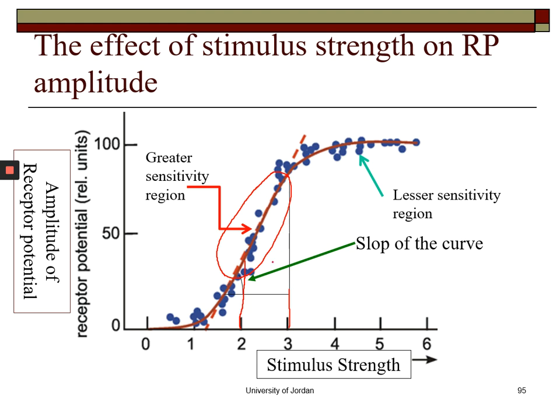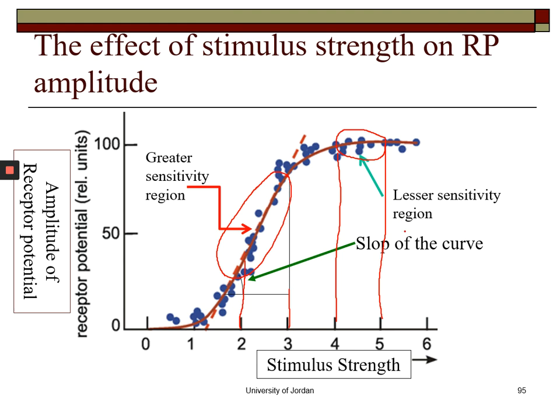If there is too much change in the amplitude from 2 to 3, there is too much change in the impulse rate. This means any small change in the stimulus strength will cause too much change in the impulse rate, so the system will feel it as stronger and stronger. Look here, changes from 4 to 5: there is not much change in the amplitude, so there is not much change in the impulse rate.